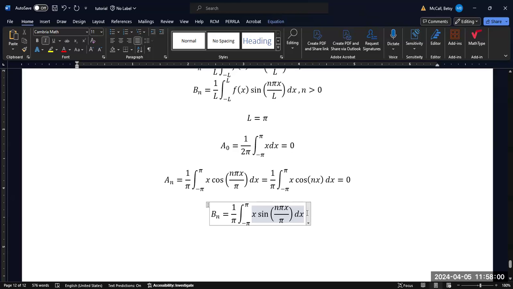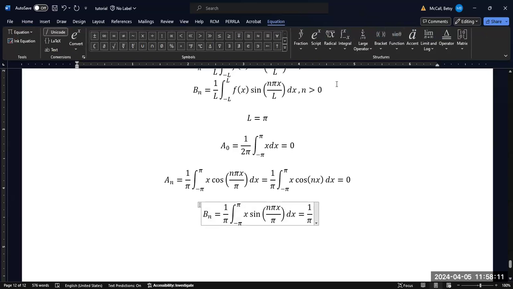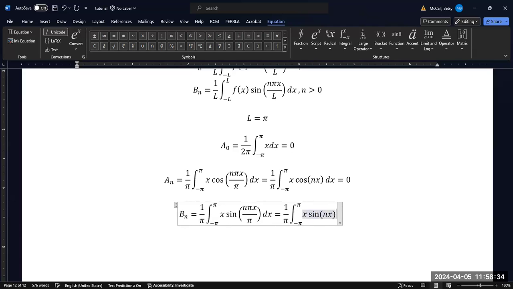And of course, that is going to simplify to 1 over pi, integral from negative pi to pi of x sine, again, when the pi's cancel, nx. So this is the integral we have to integrate.